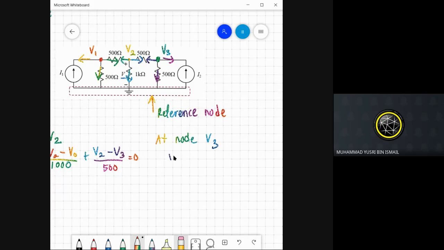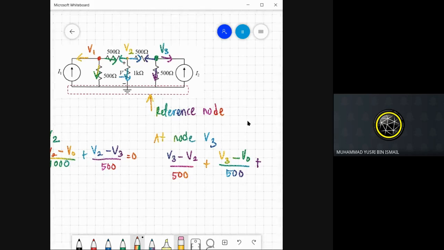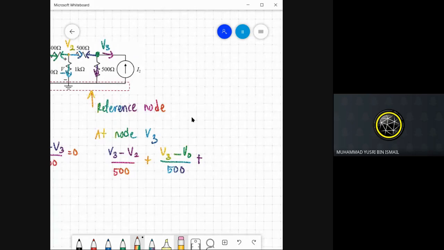So you can write it as V3 minus V2 divided by 500, plus V3 minus V going to the ground or to the reference node divided by 500, plus, since the current I2 is opposite direction to our assumption, you will have a negative I2.